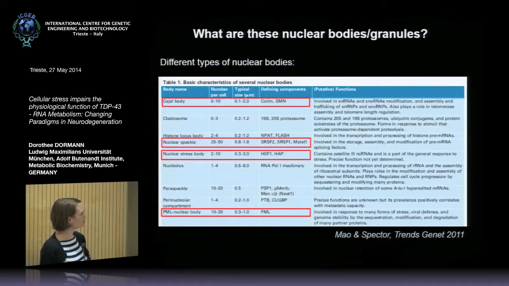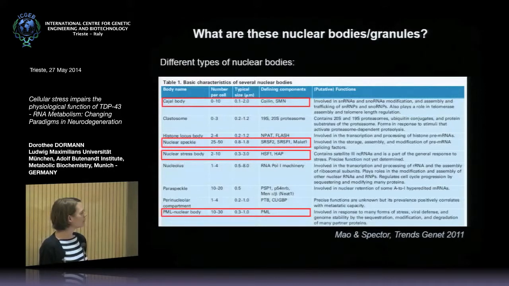First of all, Gemini bodies or nuclear gems, because it has been reported that TDP is partially localized with SMN in these nuclear gems. Then another potential candidate were, of course, nuclear speckles or splicing speckles, because they're storage sites for splicing factors. And a third obvious candidate were nuclear stress bodies, because they are described to form after cellular stress.